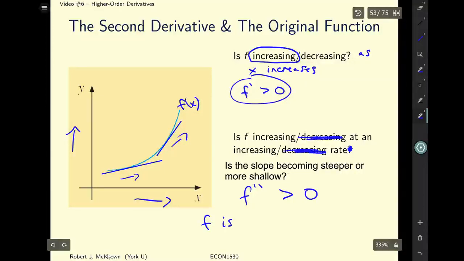So f is convex. If the second derivative is positive, then we say that f is convex. That's the terminology we apply.